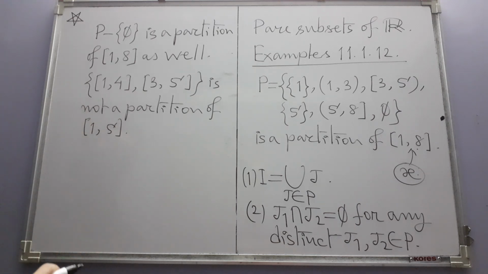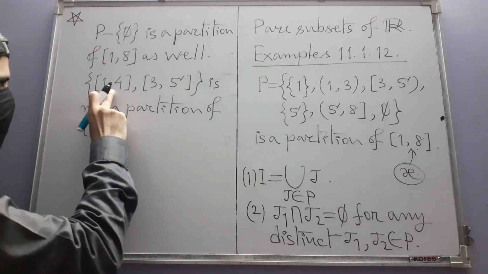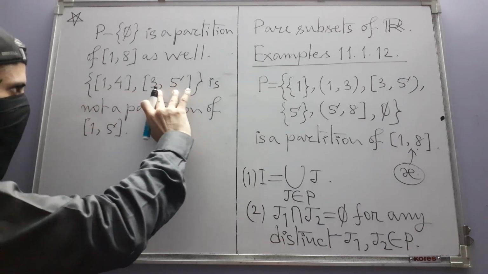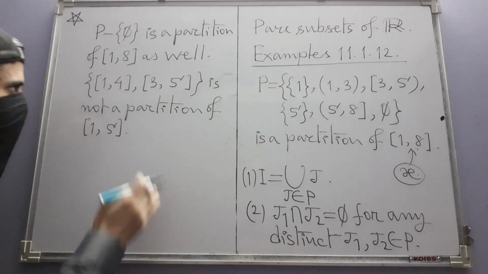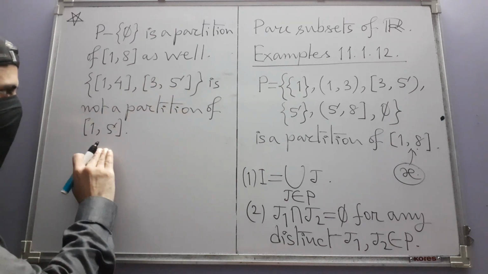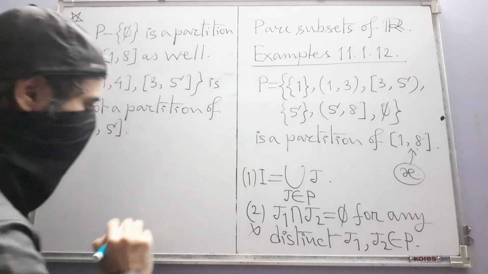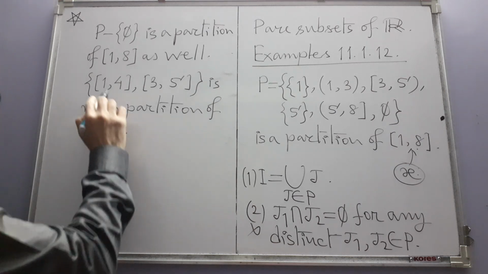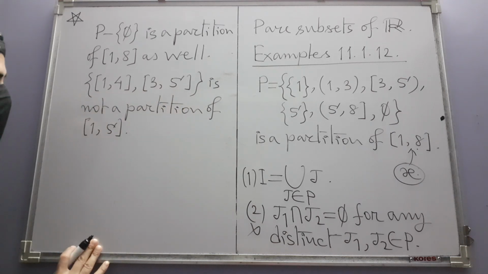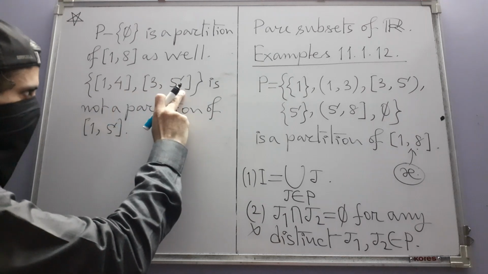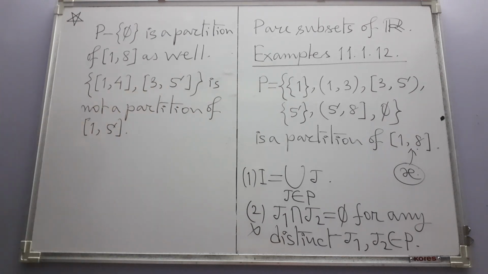You can see the reason, because this is also a finite set, and both of these intervals are bounded intervals, and each one of them is a subset of this. But this condition has failed for this. These two are not disjoint. For example, 3 belongs to this as well as this. That is why it's not a partition.